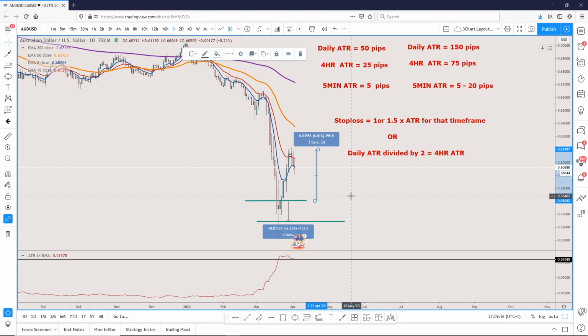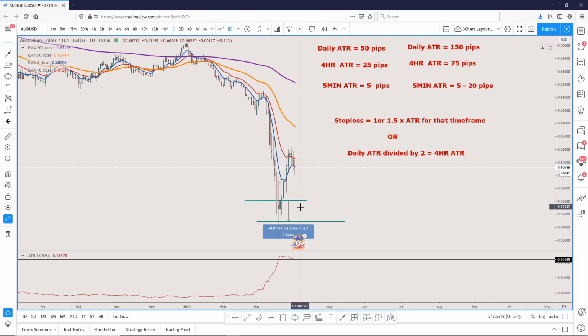But again, this type of opportunity doesn't come along very often, because the last time this opportunity happened was many days ago on the daily time frame. You can trade the higher time frame, but the higher time frame involves waiting longer, so more patience, plus a larger stop loss.